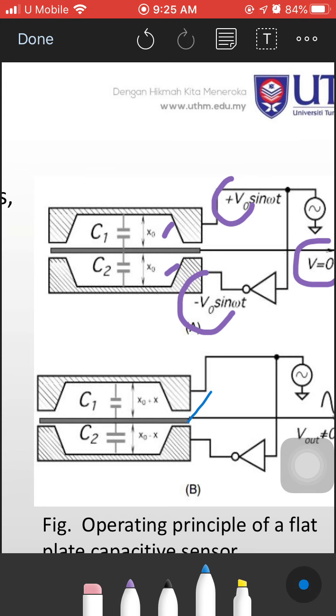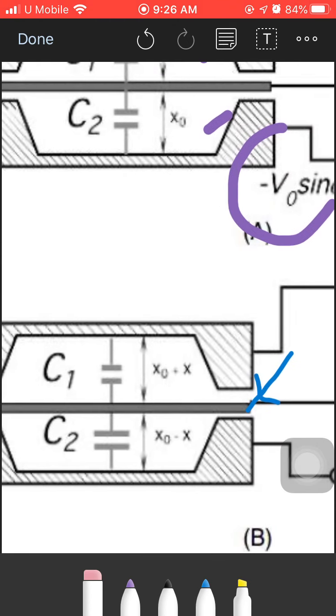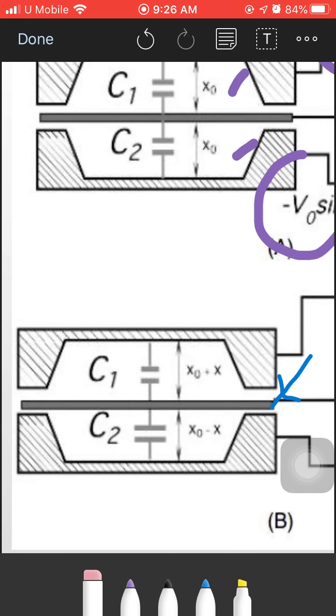You can see here, now the plate is moved downward, which makes the distance between plates at the upper level x0 plus x, and at the lower level x0 minus x, because the distance in C2 is decreased and the distance between plates in C1 is increased.